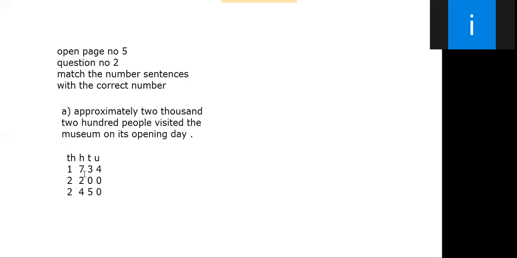So in the last box, you can see the first one is 1,734. It means it is wrong. We are not going to match with it.